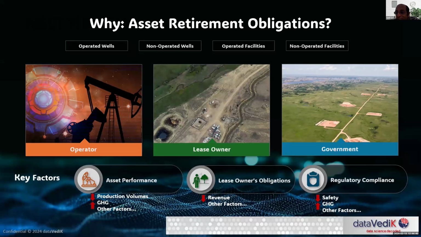Can the production from those wells continue to be done safely? Again, emissions is one of the other factors. Is it emitting too much greenhouse gas? At that point, there may be a regulatory compliance requirement to abandon those wells and facilities. So those are some of the criteria that people look at from their own perspective to decide why the asset retirement has to be done.